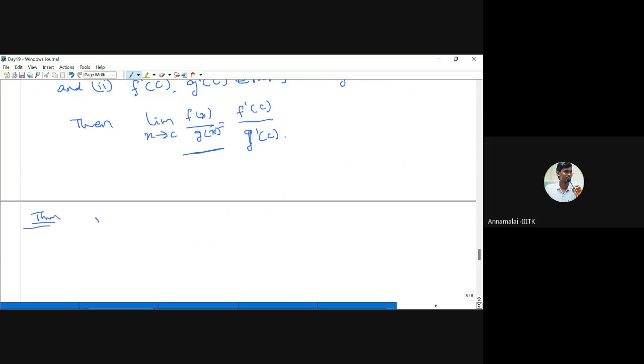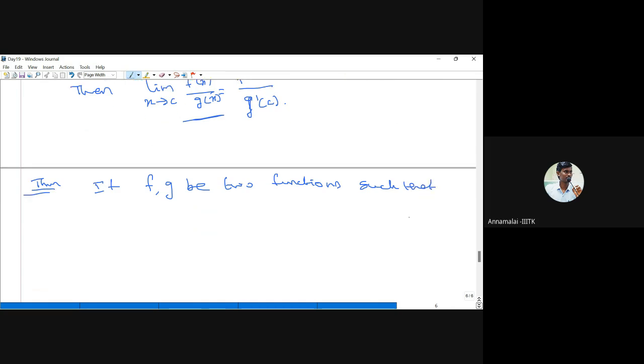Suppose we have two functions f and g, such that when x approaches c, the limit of f of x, f dash of x, f double dash of x, and so on, up to the (n minus 1)th derivative of the function, are all 0.